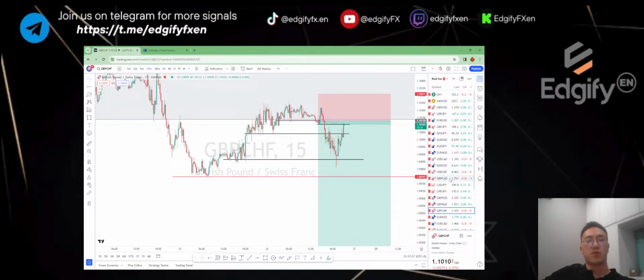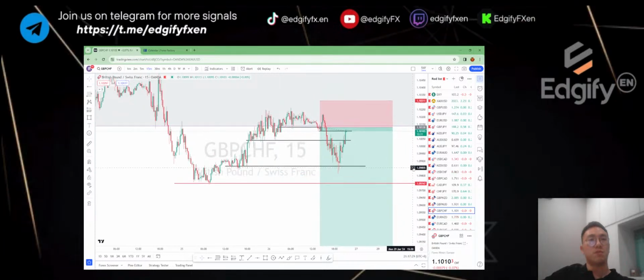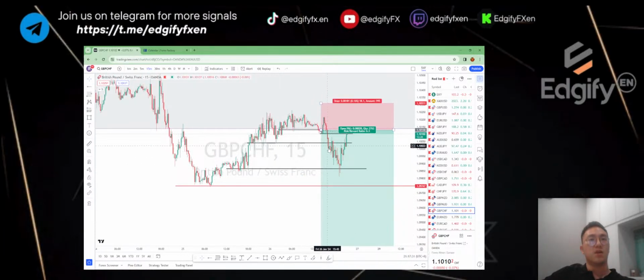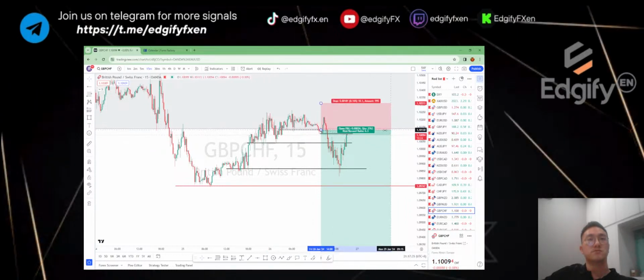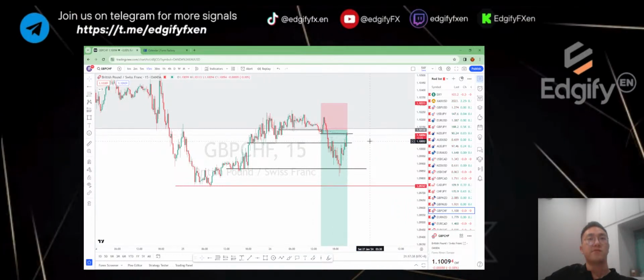Okay, so let's just get back to where we stopped at. GBP CHF has already been taken out. So basically for me, this trade is over.